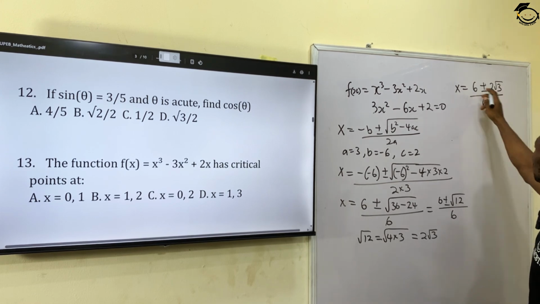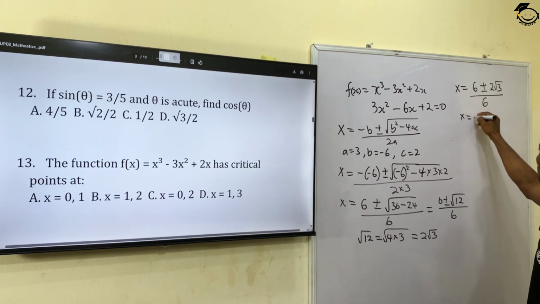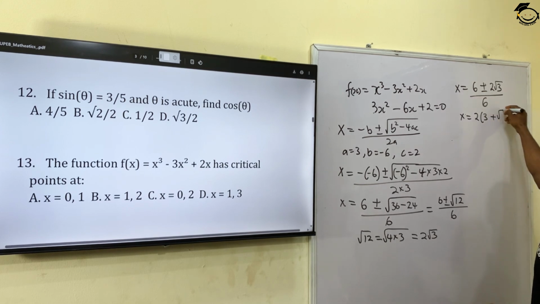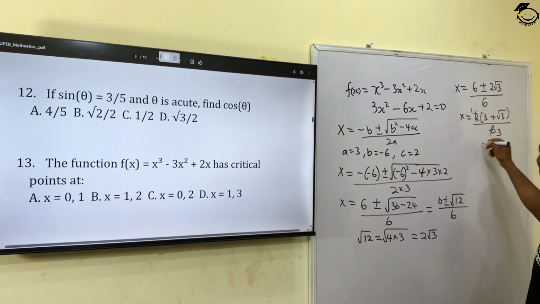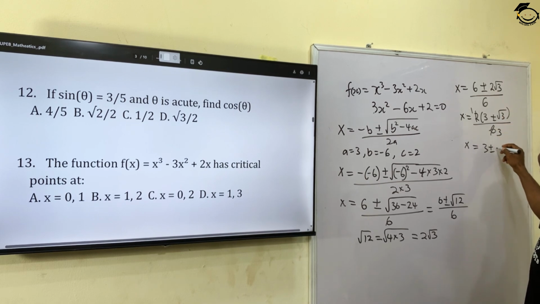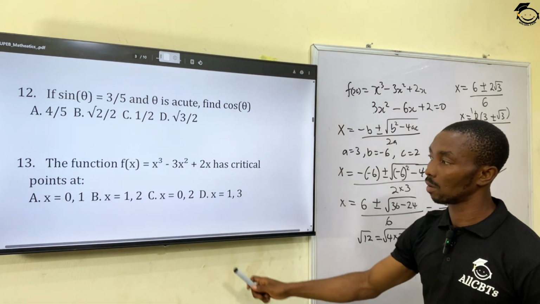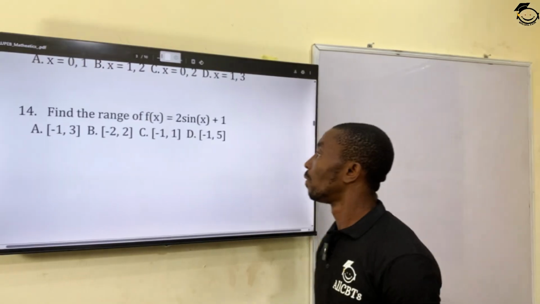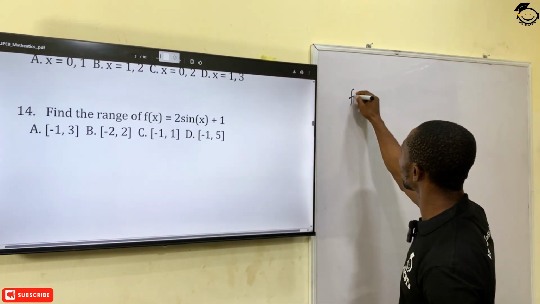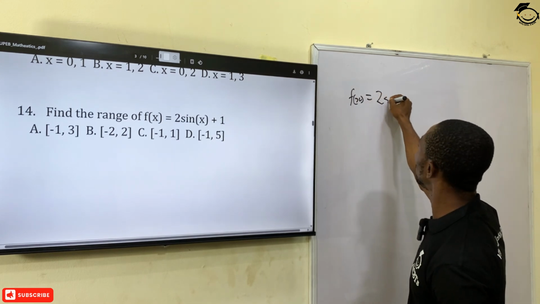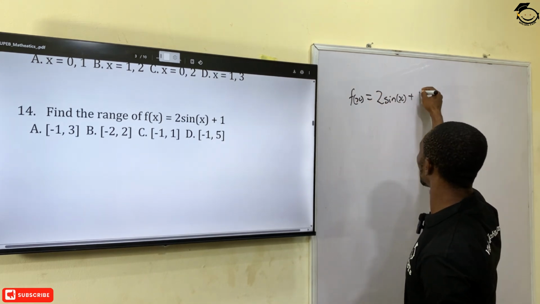Factorizing this, we have x equals 2 bracket 3 plus or minus root 3 all over 6. So 2 here 1, 2 here 3. So our x equals 3 plus or minus root 3 over 3 as the critical points of x, and our answer isn't here.